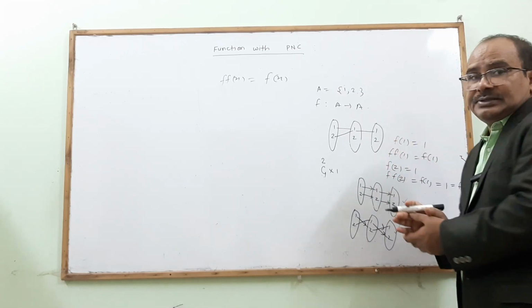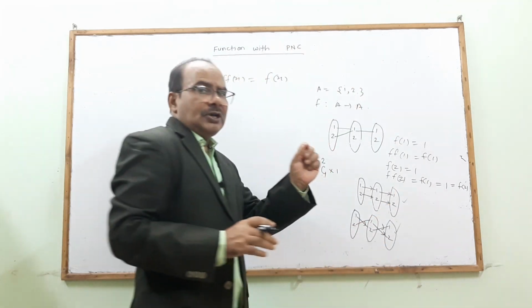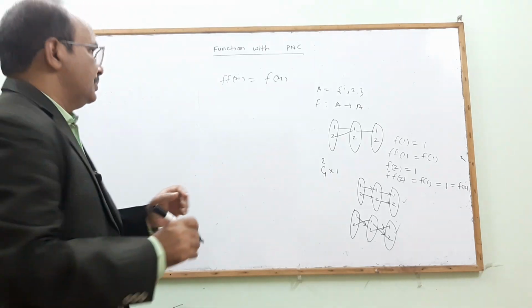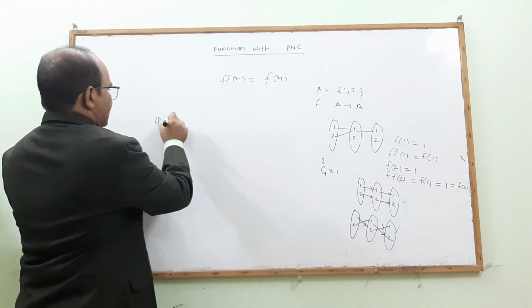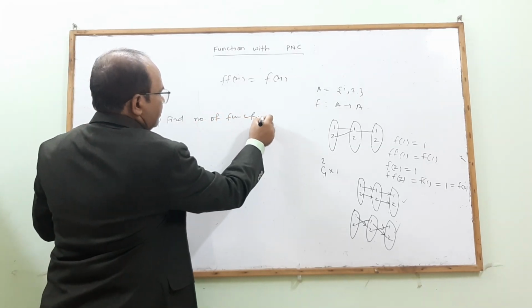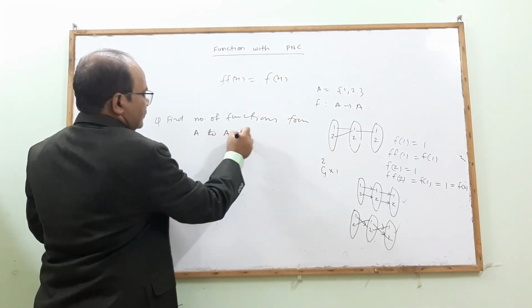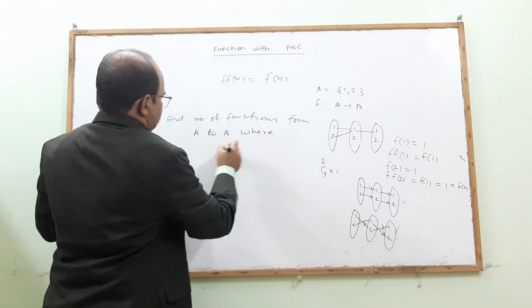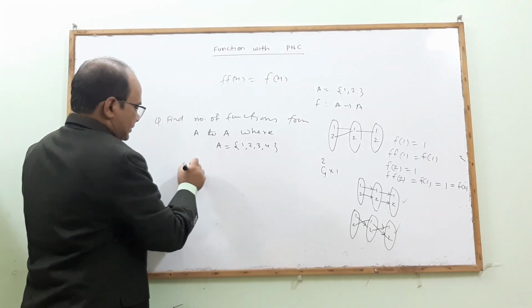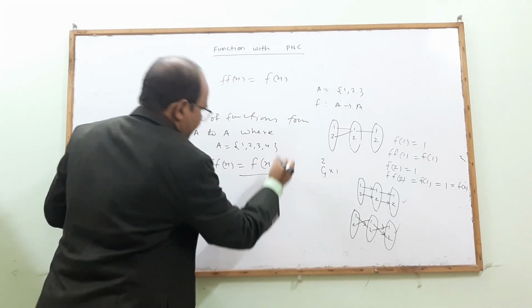In a broader sense, how can we solve a question which is really complicated? The question is: find the number of functions from A to A where A is equal to {1, 2, 3, 4} and f of f(x) is equal to f(x).